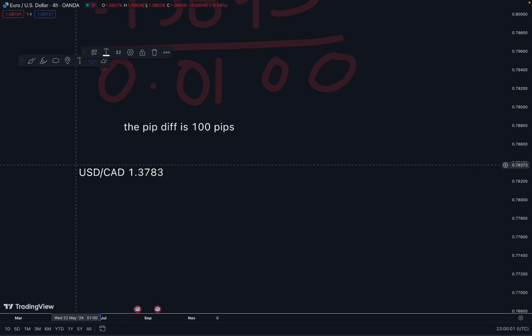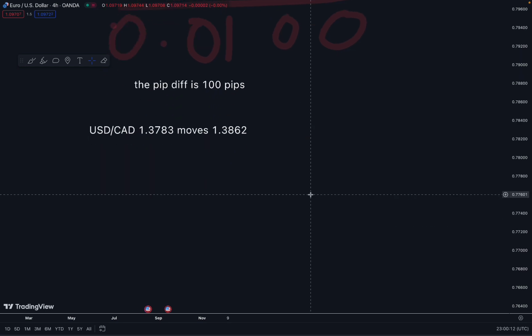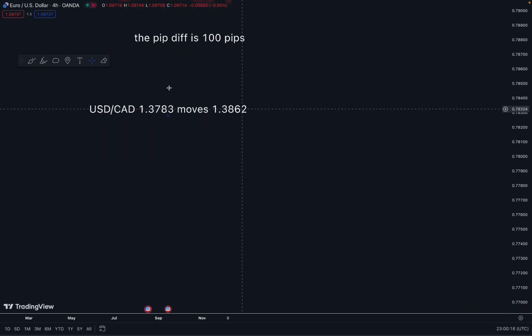This price moves to 1.3862. So for us to calculate the pip difference or the pip movement, we subtract the smaller number from the bigger number.